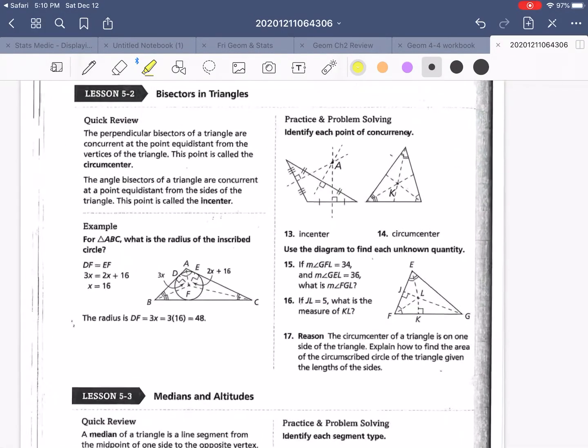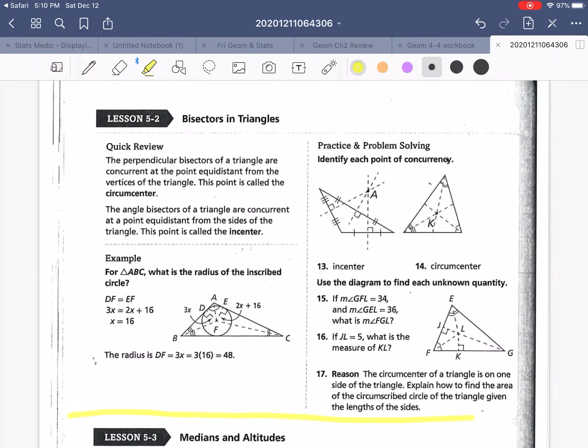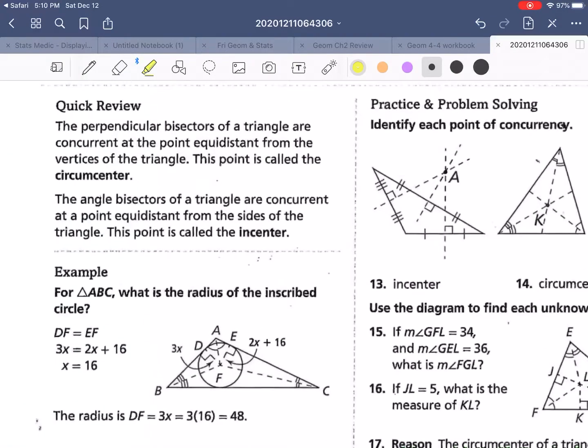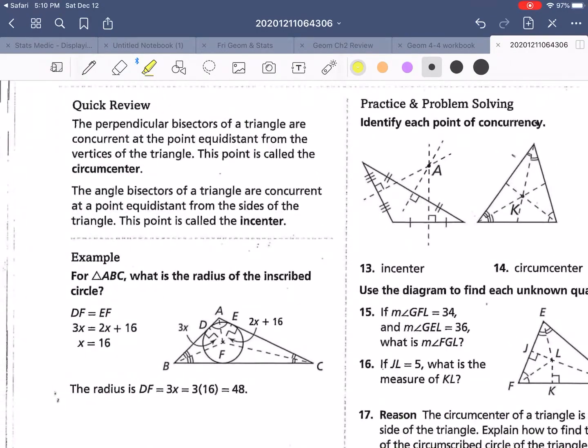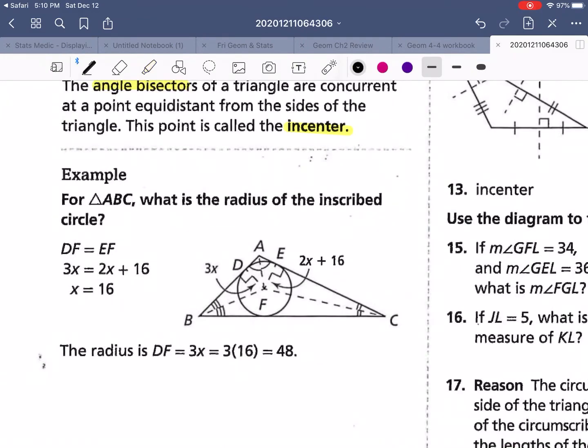Let's look at 5-2. It says bisectors in triangles. Perpendicular bisectors make circumcenters. That's peanut butter cookies. Angle bisectors make incenters, always bring in. So what are we supposed to notice?